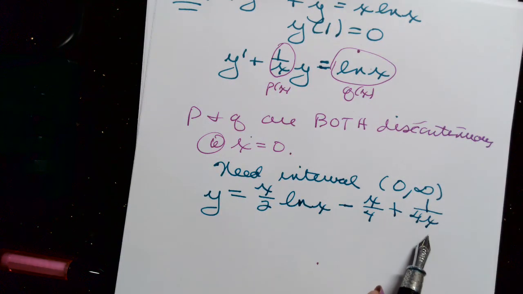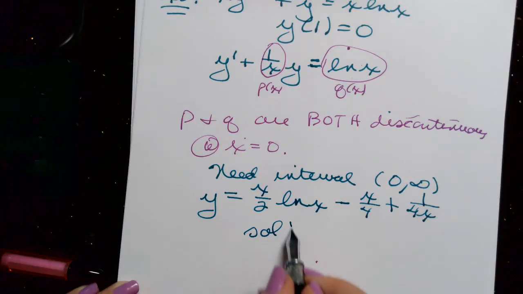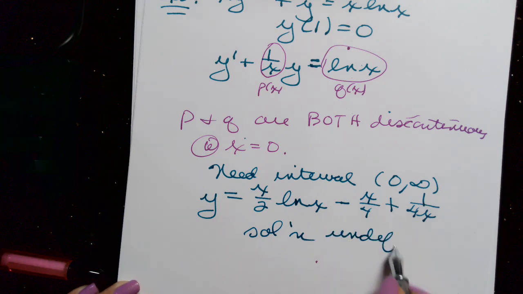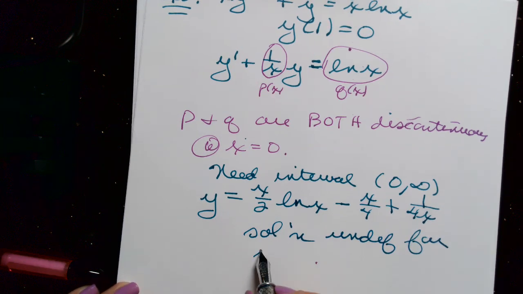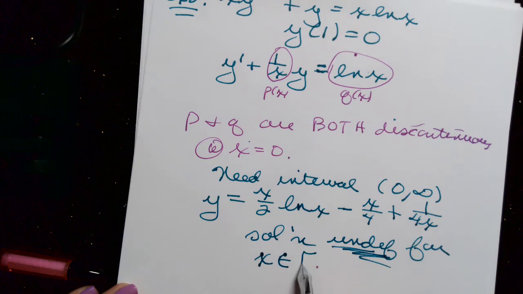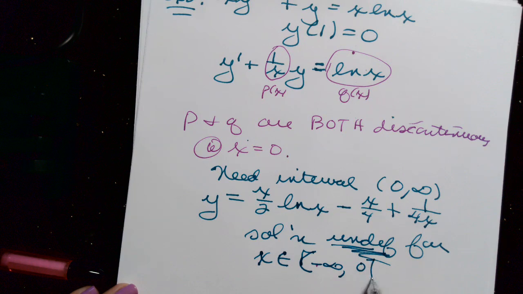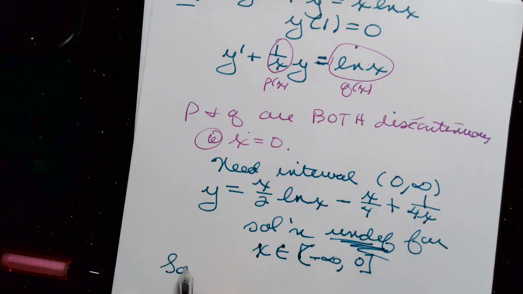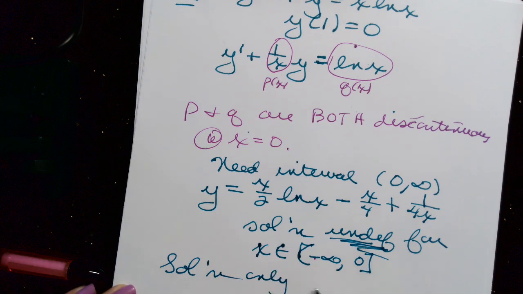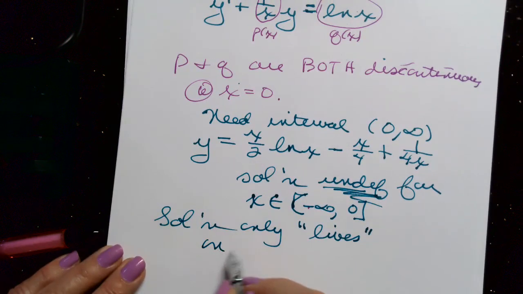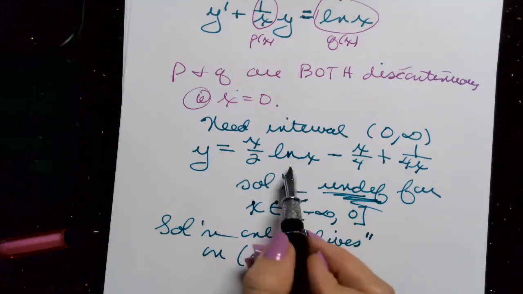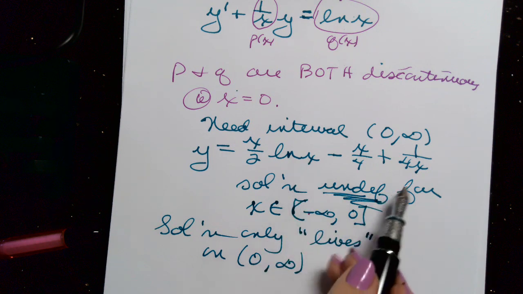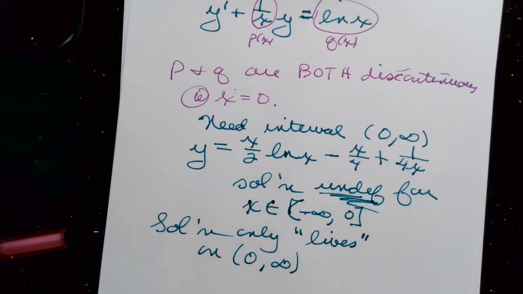And notice that solution is undefined for x in the interval from minus infinity up to and including 0. So this solution only lives on the interval from 0 to infinity, because the log is undefined anywhere else, and this thing is not good at 0, and the log would be undefined there anyway.